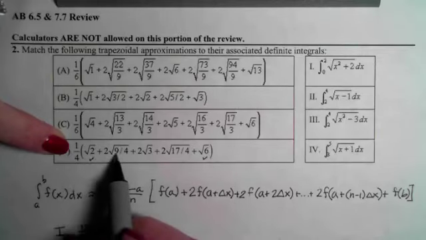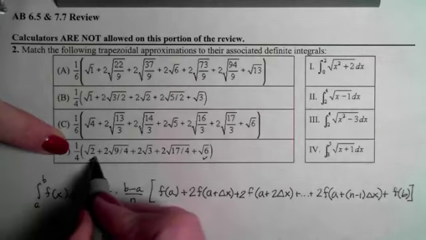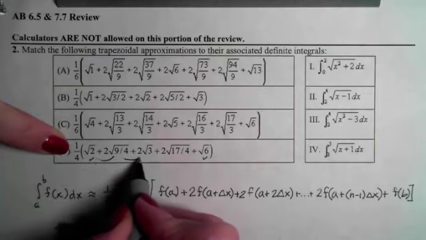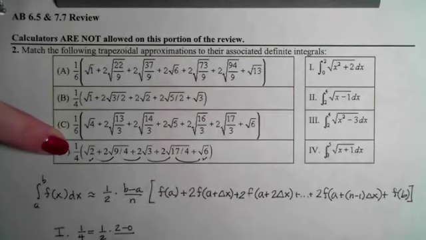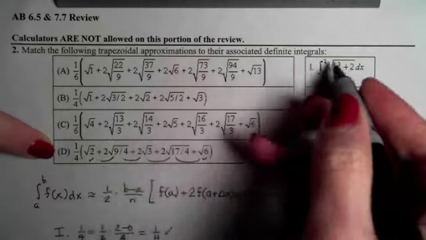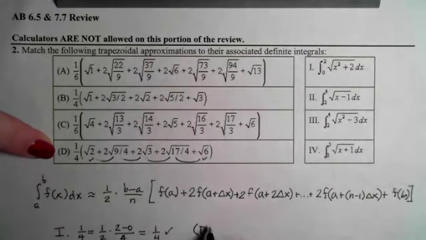This one plus one of these becomes my first trapezoid. So I have 1 trapezoid, 2 trapezoids, 3 trapezoids, 4 trapezoids. If I put my n as 4 down here and multiply this all out, I see that indeed I get 1/4. So that means Roman numeral 1 is going to match with D.